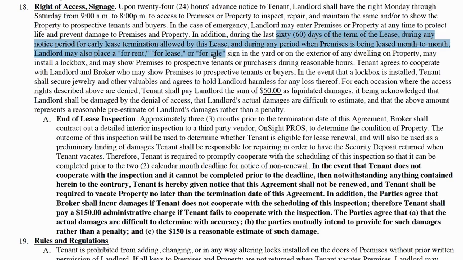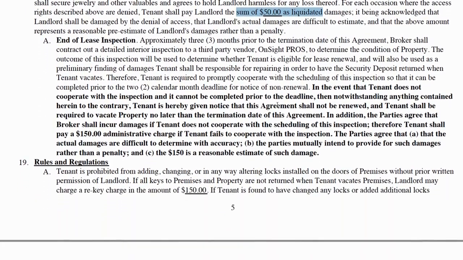So that happens during the last 60 days. Usually we don't do it till about the last 30 or 45 days, but up to 60 days. Every time you deny access to us to get access to the property, there's a $50 liquidated damages charge for that. So it's important that you cooperate with those inspections, showings, and everything else.